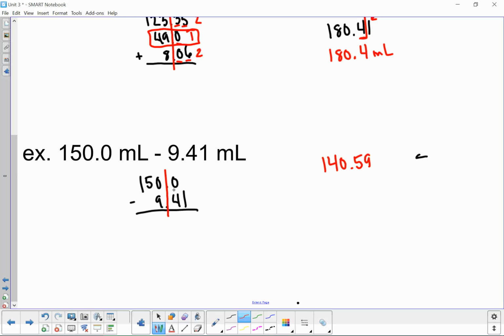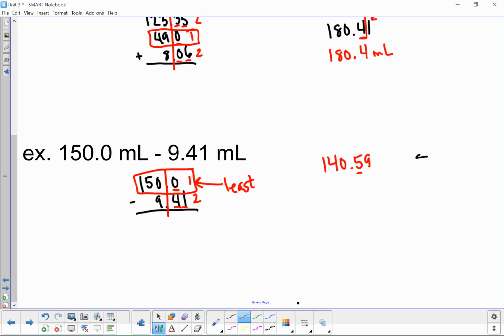So in the first number, this 0 is significant. So I have 1 sig fig after the decimal there. And in the second number, both the 4 and the 1 after the decimal are significant, so I have 2 there. Again, we want to take the least number of sig figs after the decimal, which matches this right here. So in my final answer, I only want to have 1 sig fig after the decimal.